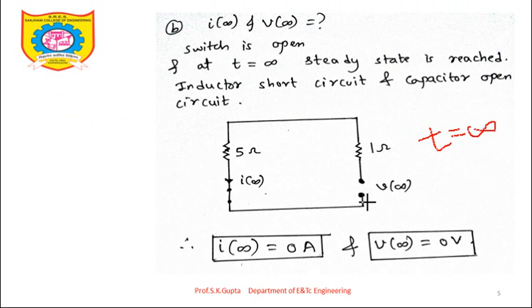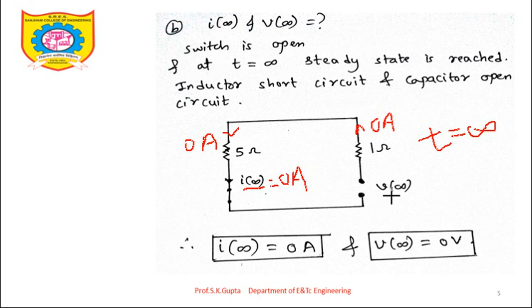As this is open circuit, the current here will be 0 ampere. So I of infinity value is 0 ampere because of the open circuited branch.